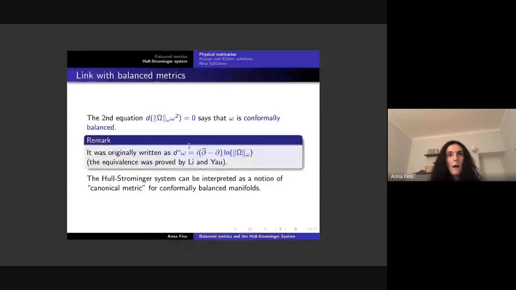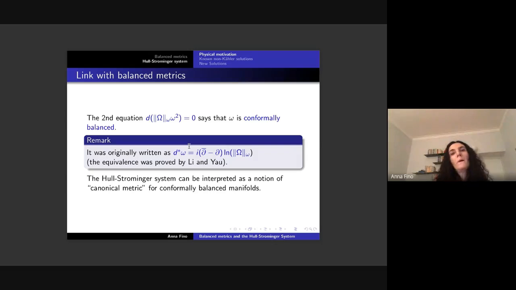And what is the link with balanced metrics? I already said before, the second equation essentially says that omega is conformally balanced. If you do a conformal change, you get a balanced metric. I also want to remark that how Hull and Strominger formulated the equation was not in this way; it was the co-differential of omega equal to i(∂̄ minus ∂) of the logarithm of the norm of the (3,0) form.